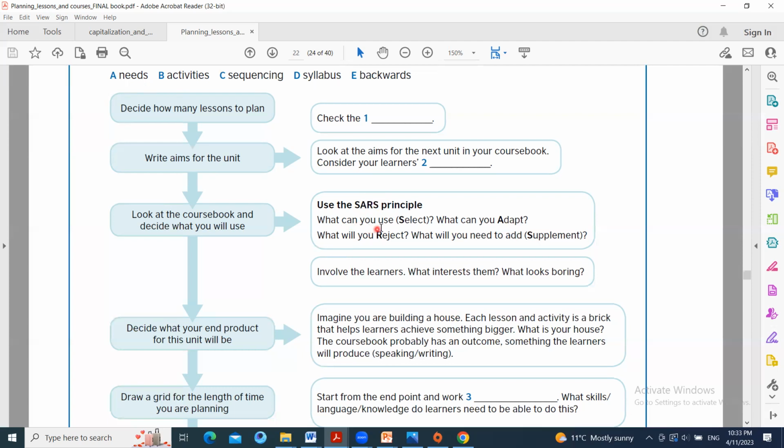What can you use? Select. What can you adapt? What will you reject? And what will you need to add? You think of supplement.